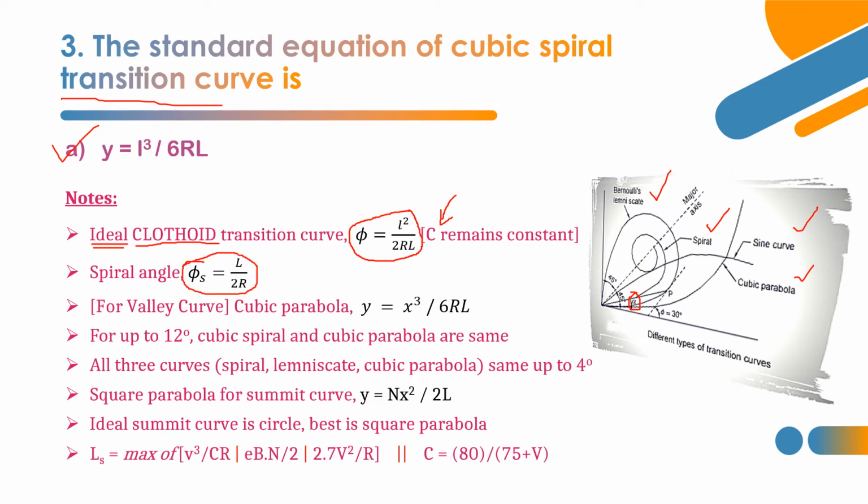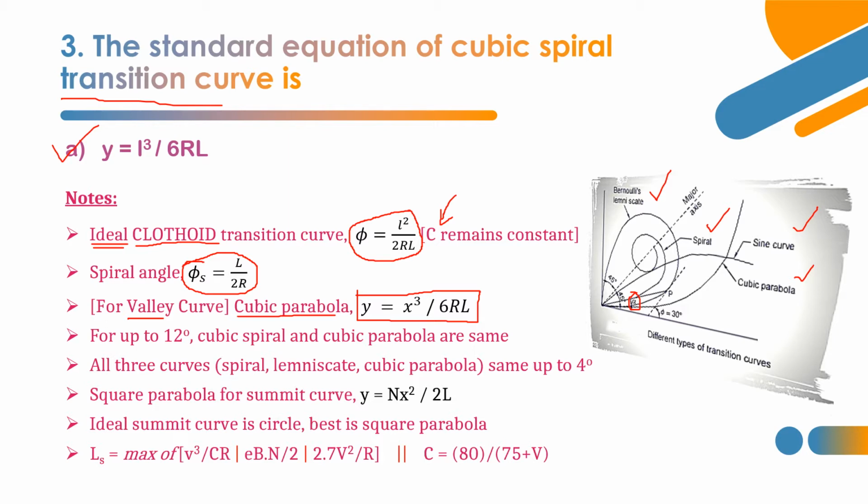And for valley curve, let's see some other curves with respect to the function. For valley curve we use cubic parabola. Cubic parabola is the best suited for a valley curve, and that equation is given by y is equal to x cube by 6RL. So y is equal to x cube by 6RL is the cubic parabolic valley curve equation.